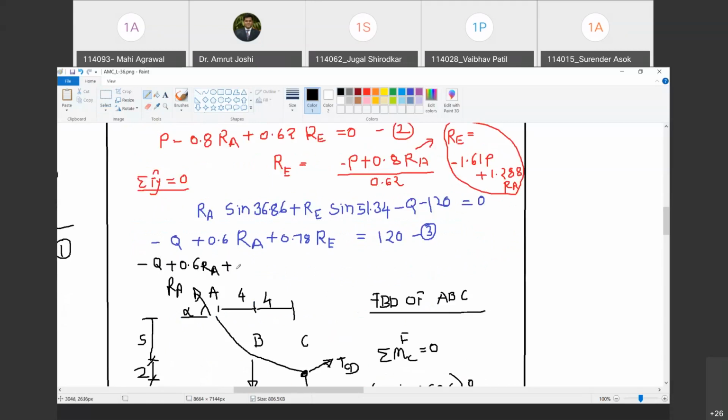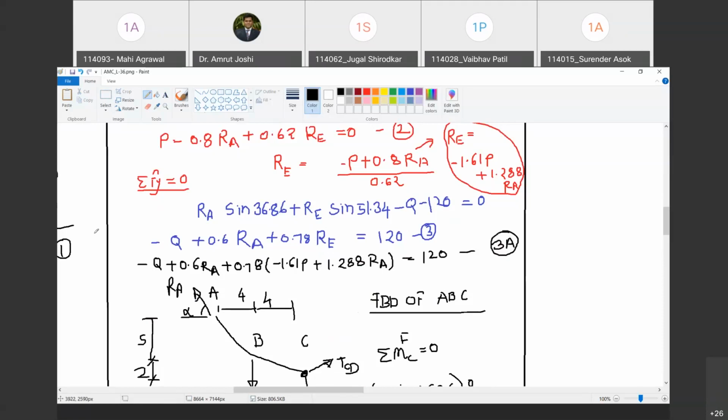Plus 0.78 times, now RE I am going to substitute as minus 1.61 times P plus 1.288 times RA. Happy? Yes, sir. This is equal to 120. Let me call this equation number 3A.